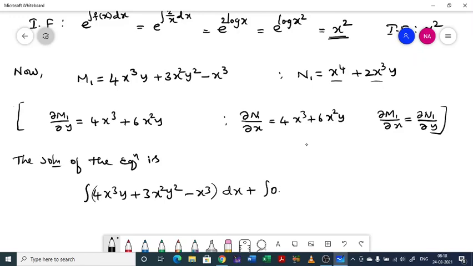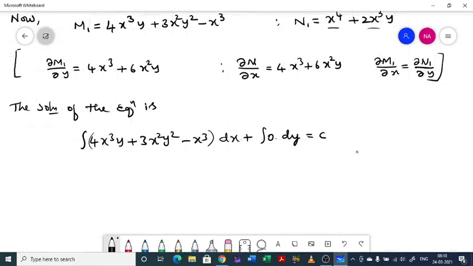Whenever the integrating factor is in terms of x, obviously this will be 0. So dy equals c. Integrating this: x⁴y + x³y² - x⁴/4 equals c. So this is the required solution.